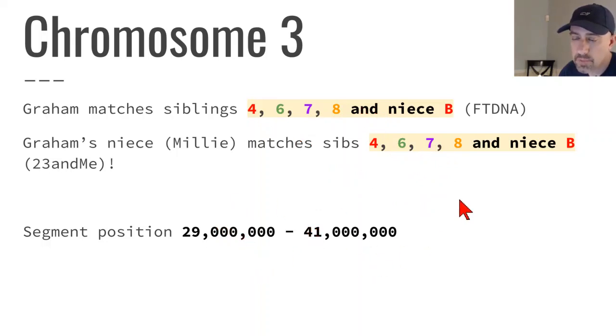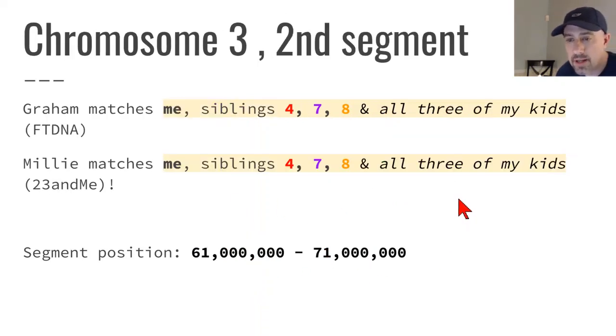Moving on, we find that Graham matches me and sibling 4, sibling 7, sibling 8, and all 3 of my kids, according to Family Tree DNA, in this position on chromosome 3. So a little further down the chromosome, between 61 million and 71 million approximately, Graham matches this subset of my family.